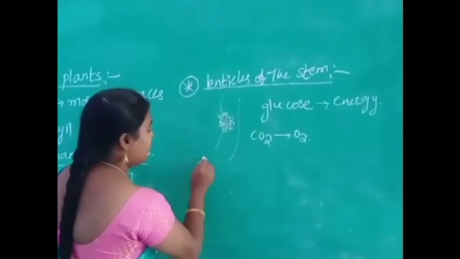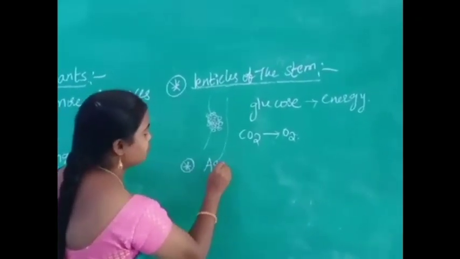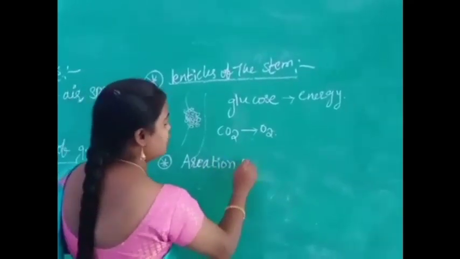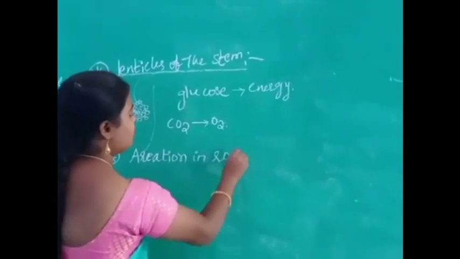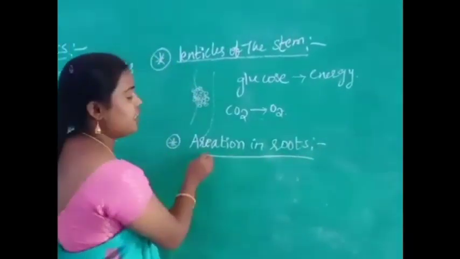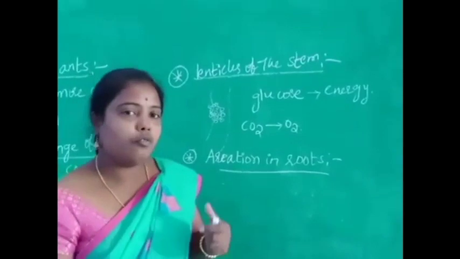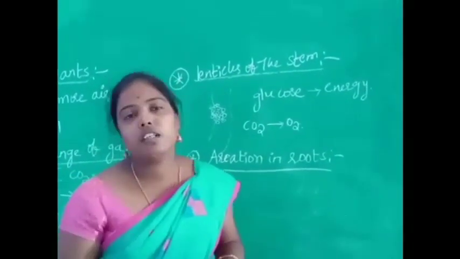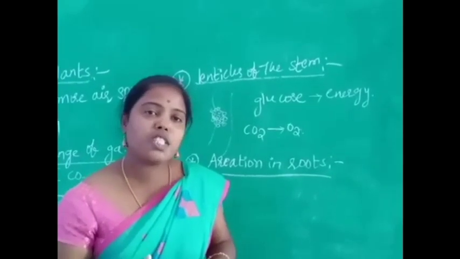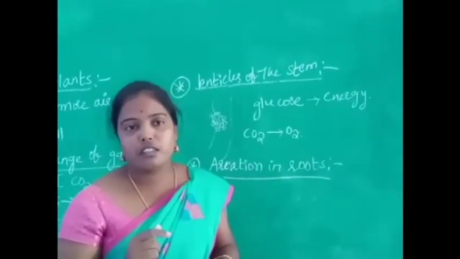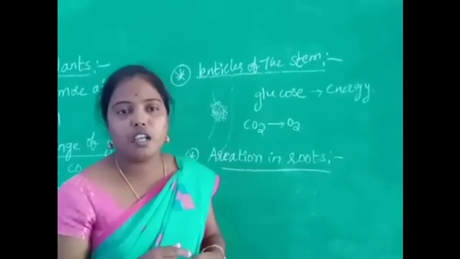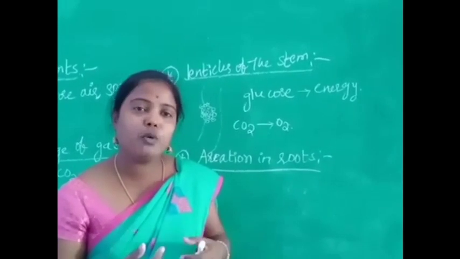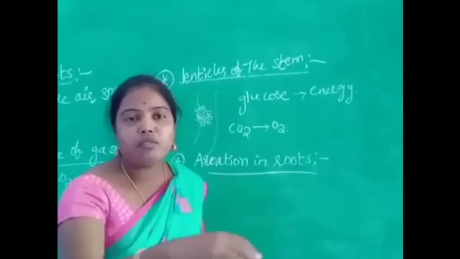Next, aeration in the roots. What is called aeration? Which roots are exposed to air? Children, we know that the roots are present in the soil. But when we observe our surroundings, some plant roots appear on top of the soil.